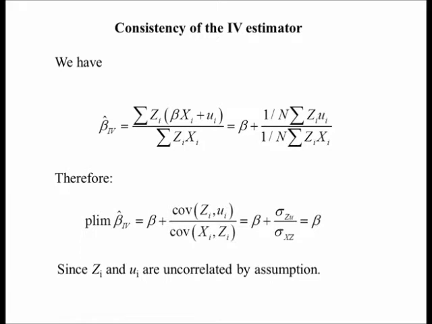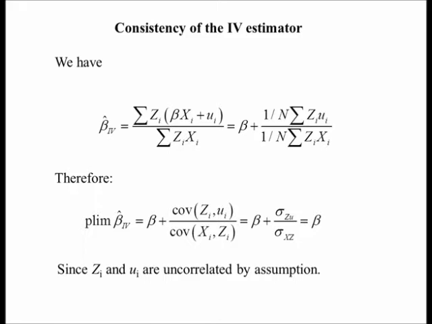Okay, now, first and most important, we want to establish that an estimator with these properties is what we call a consistent estimator. In other words, we want to establish that it will converge on the true value as the sample size gets large. So how can we go about doing that?